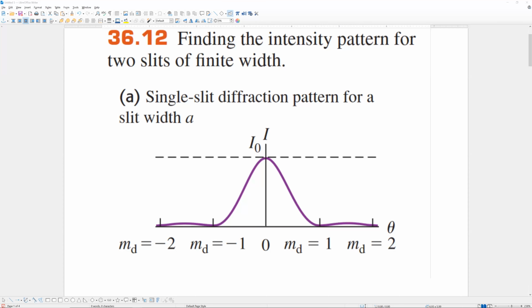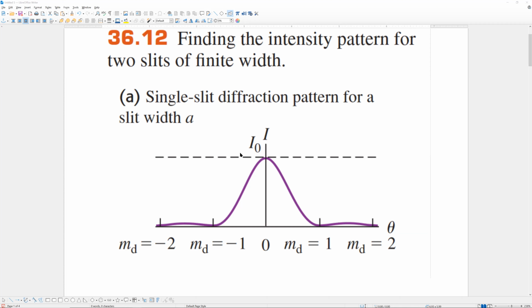I think first today I'm going to change our view to screen one and show you something. These are some figures out of your textbook, looking at the intensity pattern for two slits of finite width, which is actually what we're going to be doing in the lab tomorrow, although it won't be exactly the same geometry as what they have here.